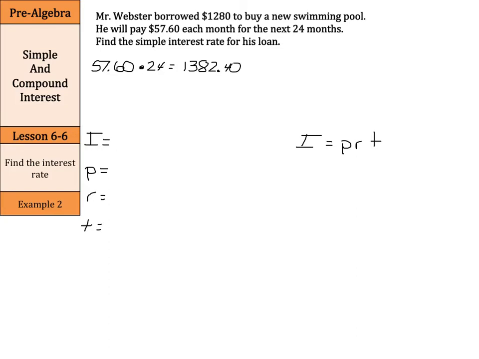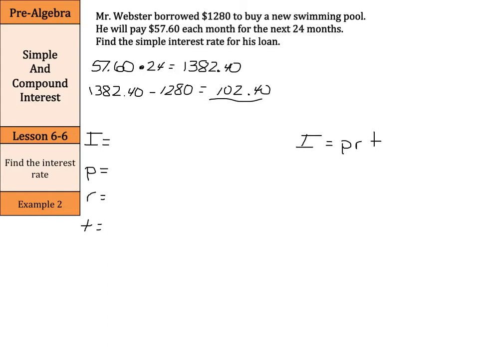Now he borrowed $1,280 and he paid $1,382.40. So if I take that $1,382.40 and subtract the amount he borrowed, $1,280, I would get $102.40. Now that amount of money represents the amount of interest he paid. That's the amount extra. That's the amount of money he had to pay in order to borrow the money.